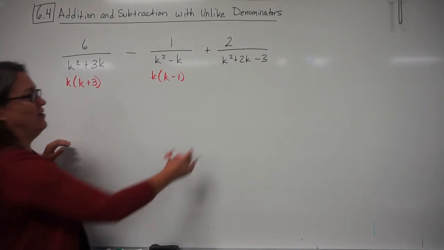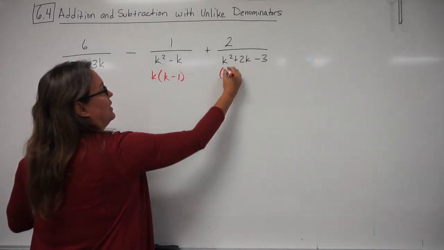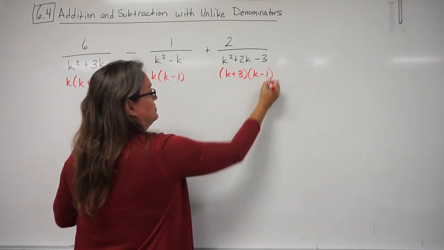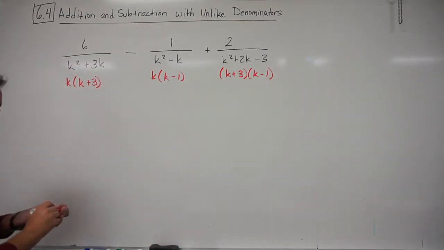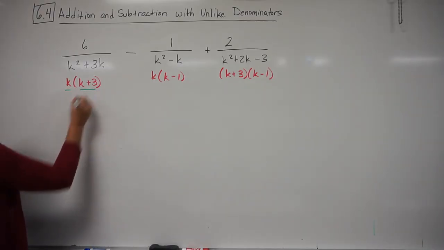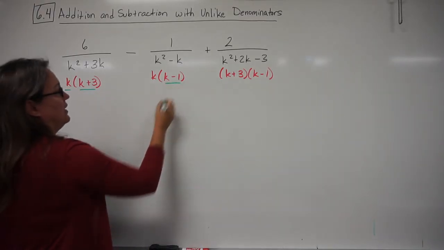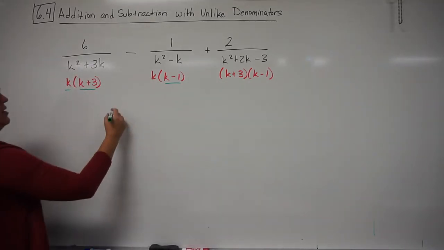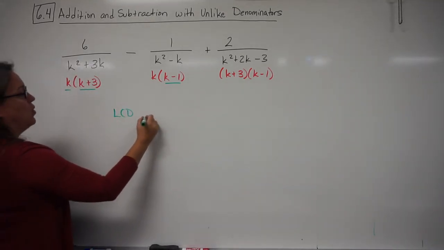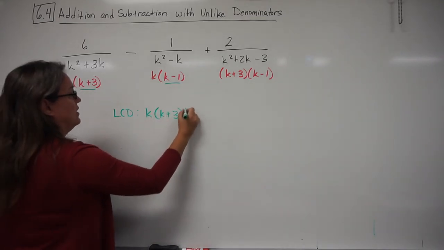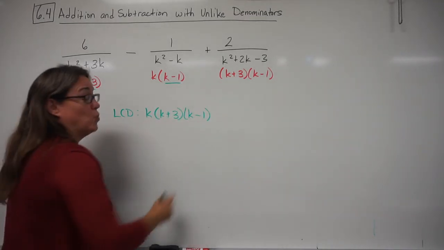And guess what? If you factor this, in fact, you do get a k plus 3 times a k minus 1. And if we take a look at this, the factors that we have are k, and k plus 3, and k minus 1. I don't see anything else that's a different factor. So the LCD that we want is k times k plus 3 times k minus 1.